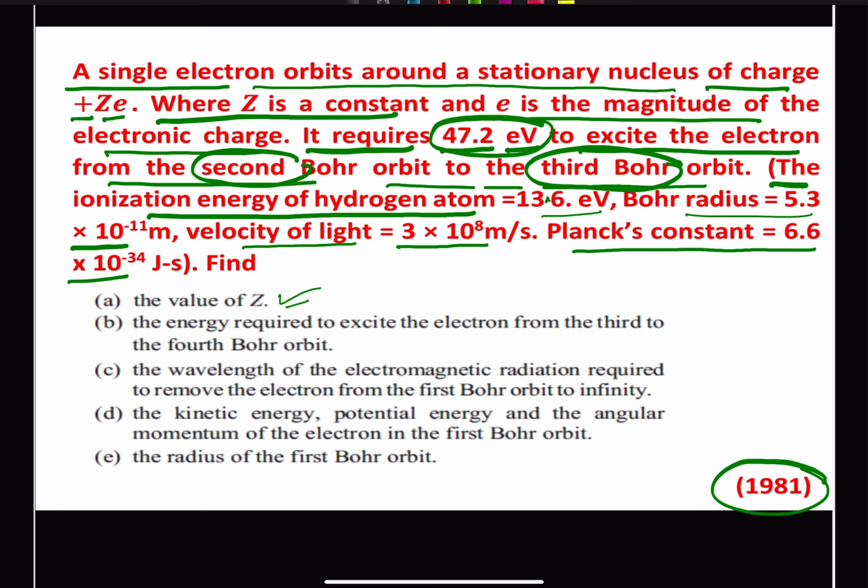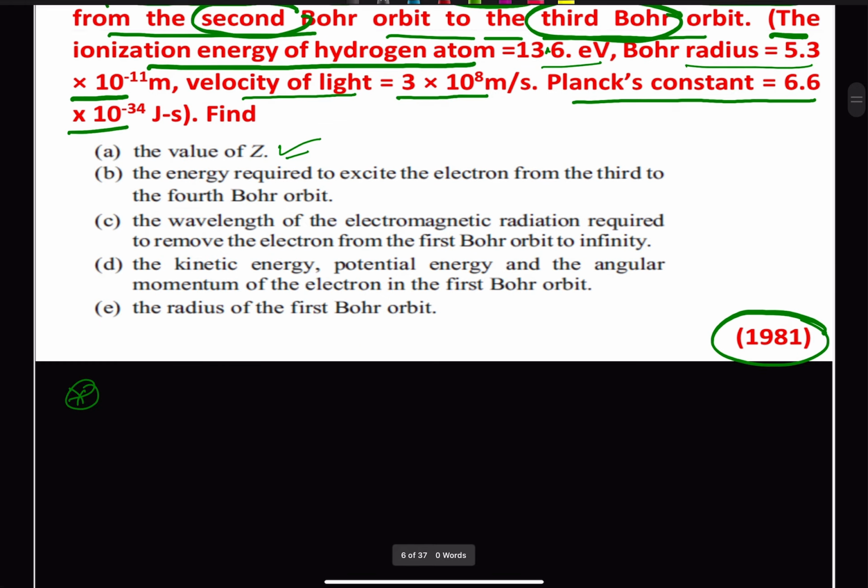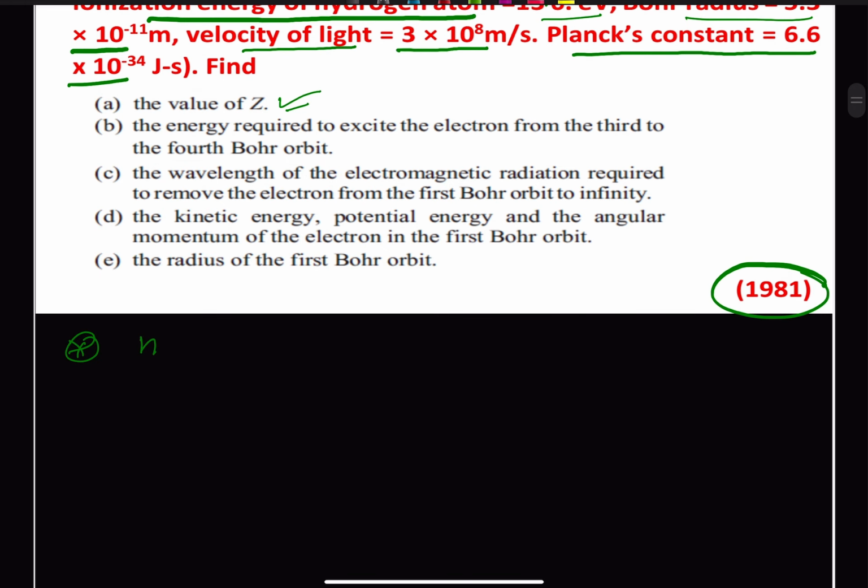So the value of n is 2, and the excited level has n equal to 3.